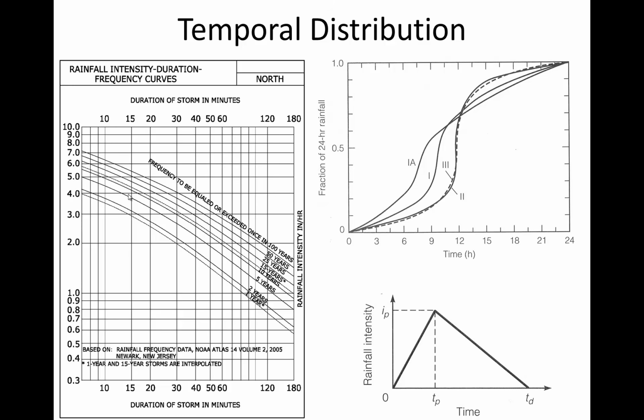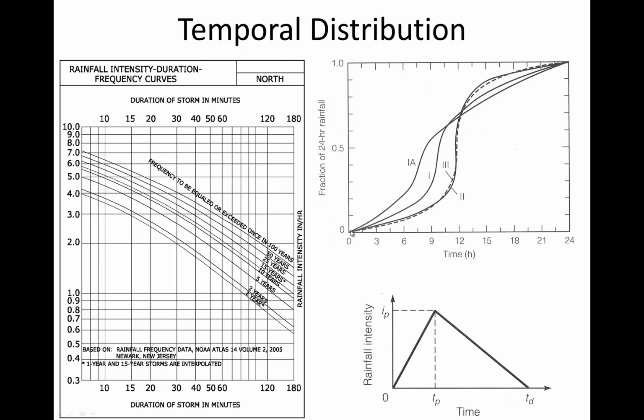Some of these graphs show the concept of temporal distribution, and we'll talk about this one first. This is a typical 24-hour storm, and different parts of the country are broken up into different zones. Here in West Virginia, for example, we're in Zone 2.